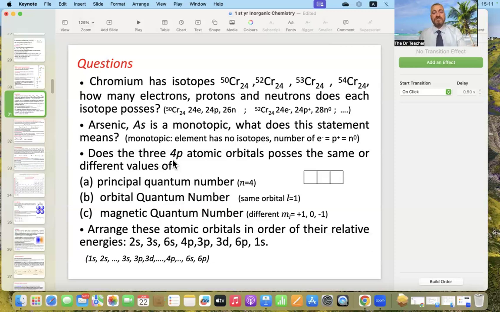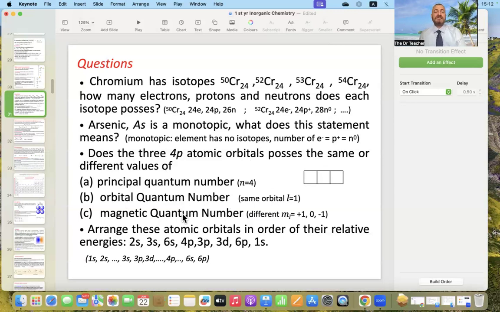Now, do the three 4p atomic orbitals or suborbitals possess the same or different values of the quantum numbers? The principal quantum number is the same: 4, 4, 4. The orbital quantum number L is the same; p is L for all of them.